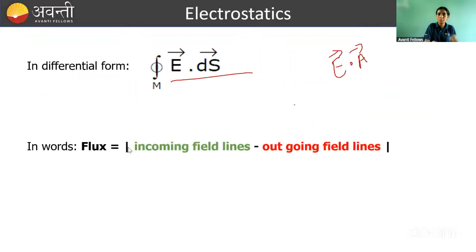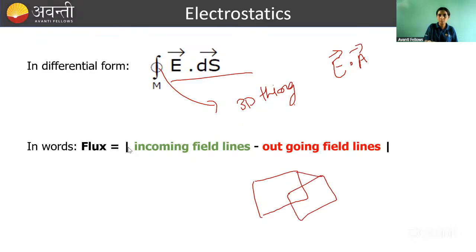Now if you have to write flux for a closed surface, का मतलब क्या होता है? 3D thing. जैसे solid sphere. So let's say there is a cube. And I'm telling you, there's a certain number of field lines entering, but only a lesser number of field lines going out. So flux through this area is because of 3 field lines.